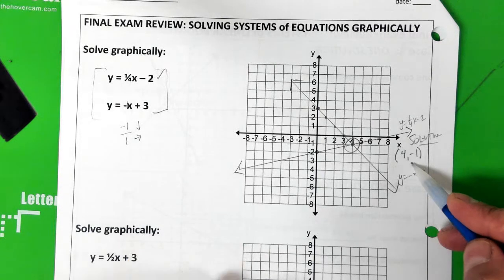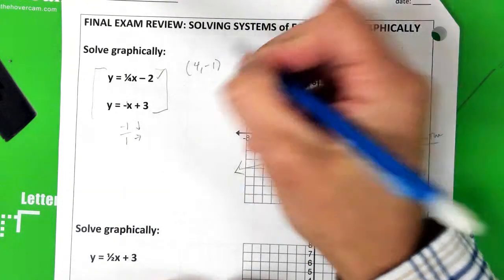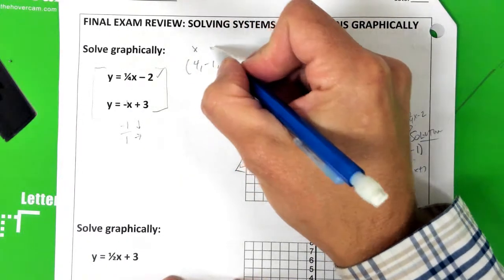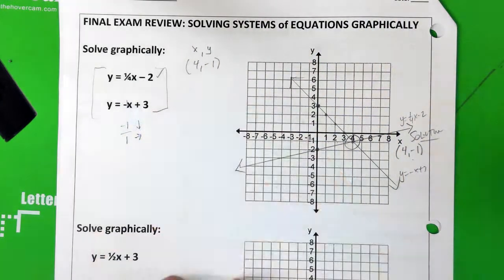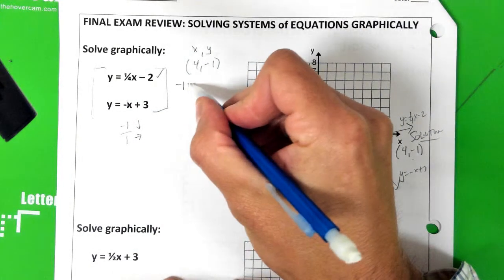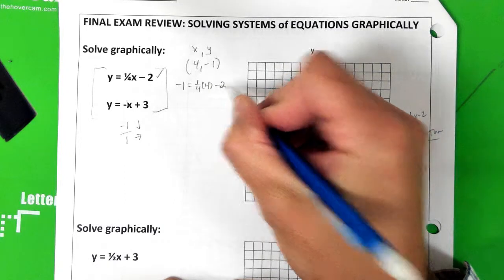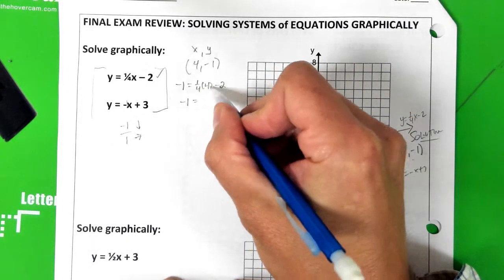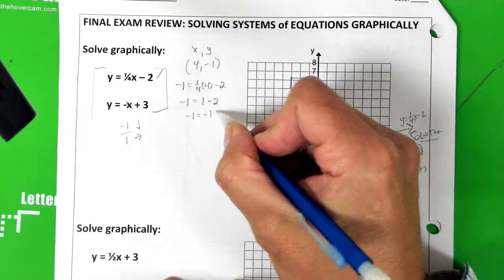All right, if we wanted to check our work on our graph, we would take (4, -1), and using 4 for x and -1 for y, we would substitute those values to see if it makes both equations true. So in the first equation, it would say -1 is equal to 1/4 of 4 minus 2. And 1/4 of 4 is 1, and 1 minus 2 is -1.